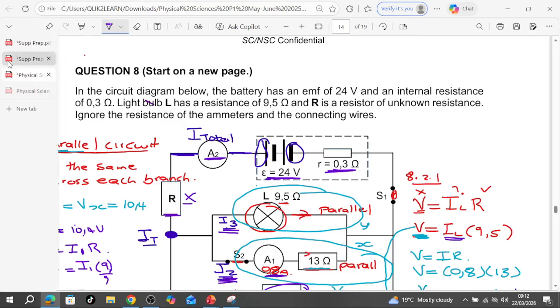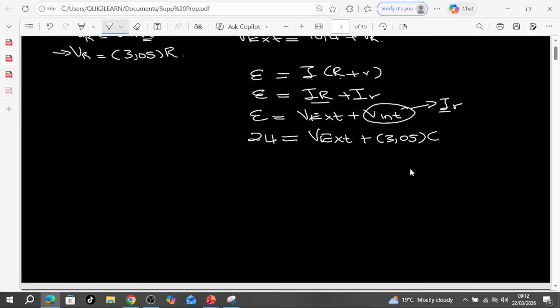I hope you guys are following. So now the small r is 0.3, because the aim is to find the V external. So let's isolate that. 24, this guy will come to this side to be negative 3.05, which is multiplied by 0.3. Whatever we get will give us the V external.